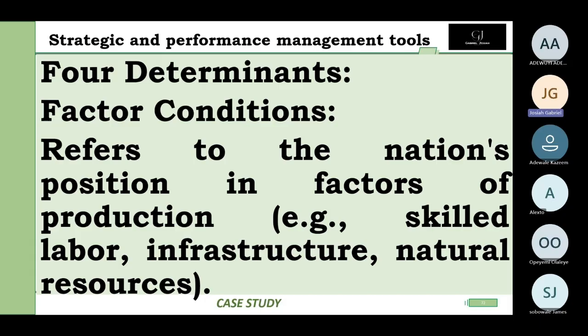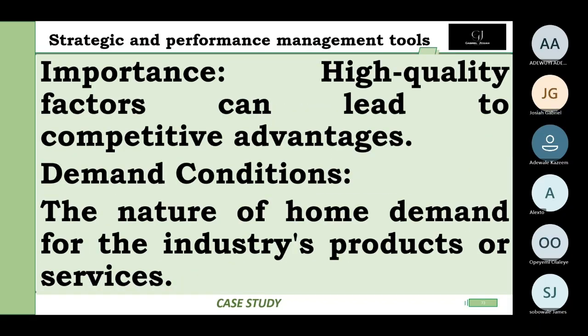It's just put in another way, but land, labor, capital, they taught us in economics. It's almost the same thing, just a change of synonyms. So the factor conditions refer to the position in factors of production that affect that business space. And the importance is that high quality factors can lead to competitive advantage.